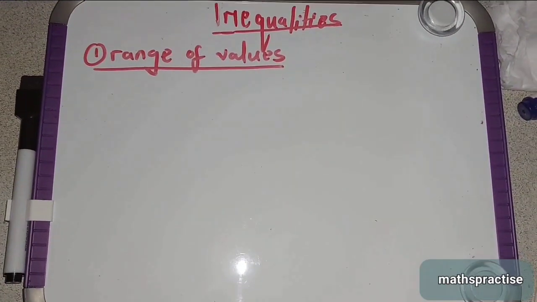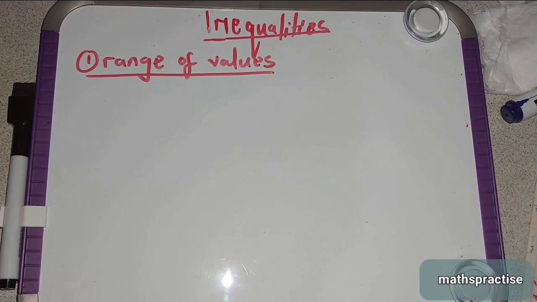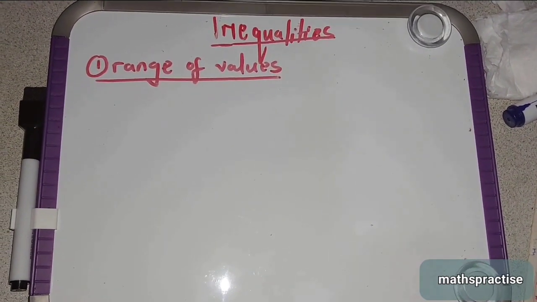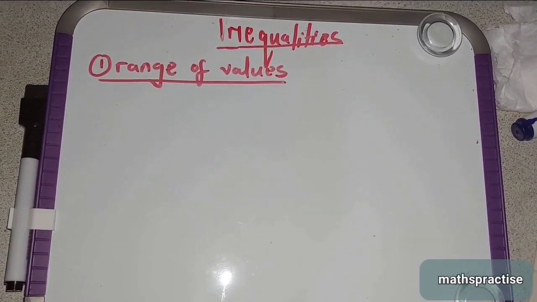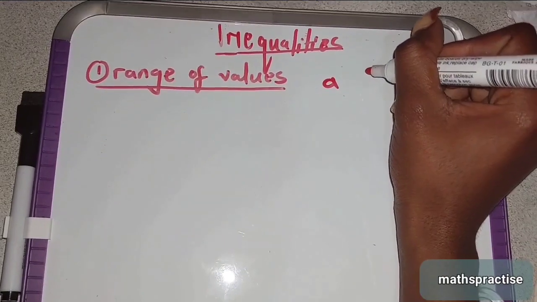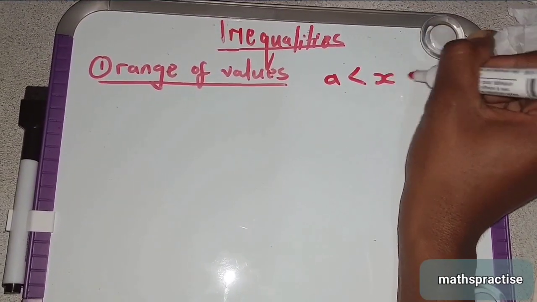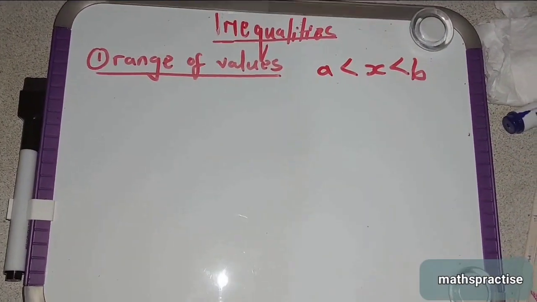Okay, so to be able to end up with a range of values of an inequality, which is basically represented by a is less than x, is less than b, you can say that's the range of values.